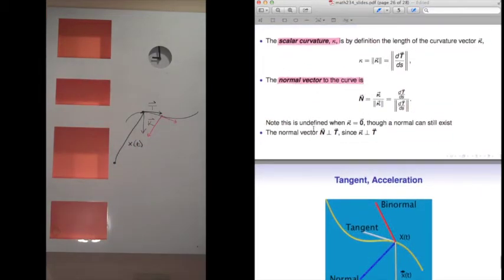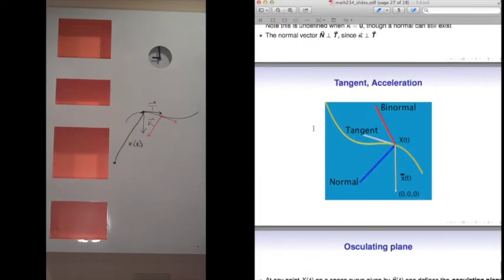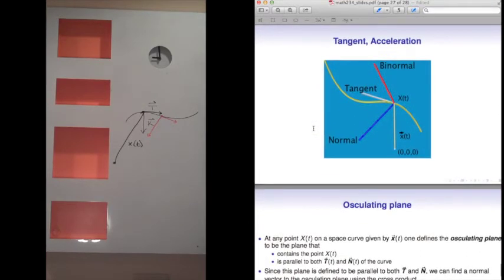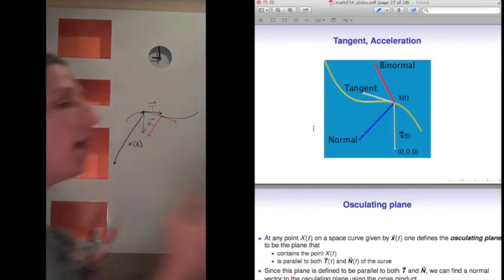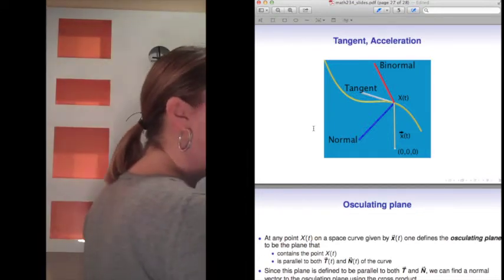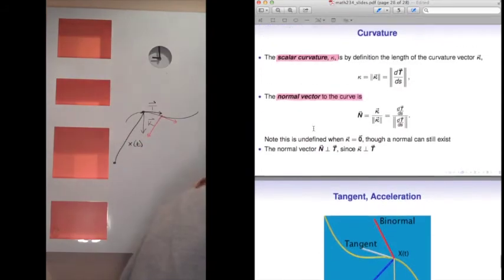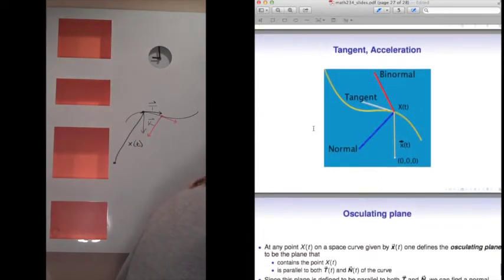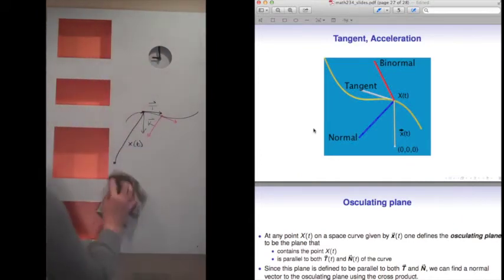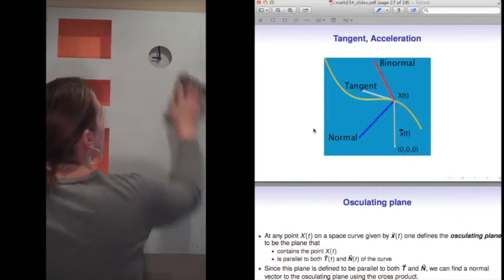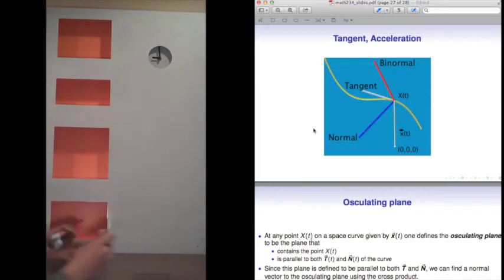Okay, and so just to finalize the material from this lecture, we're going to move into three-dimensional space here. And we're going to define a more complex situation.